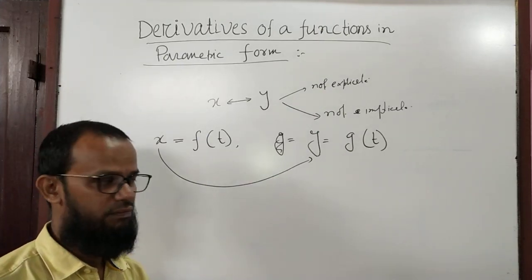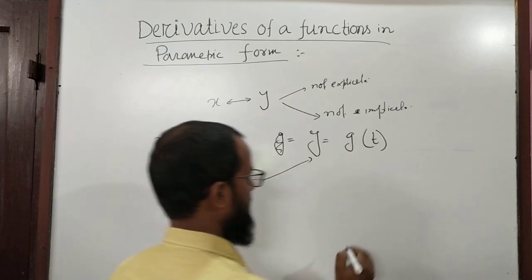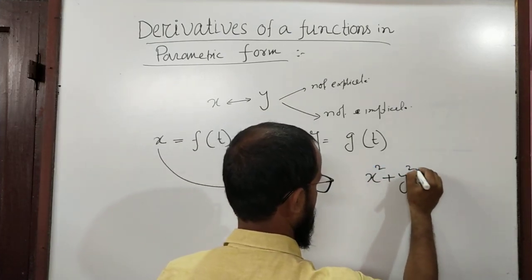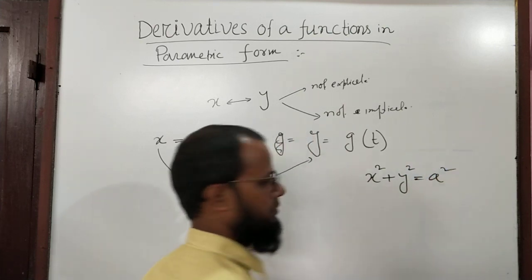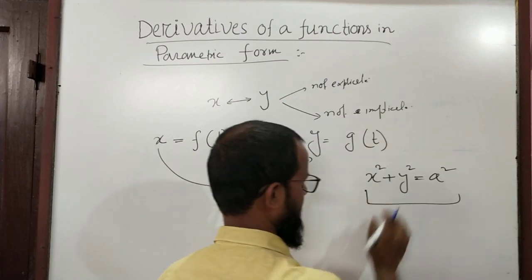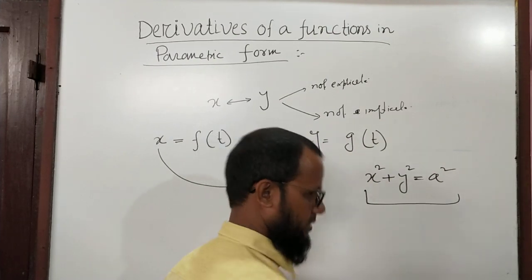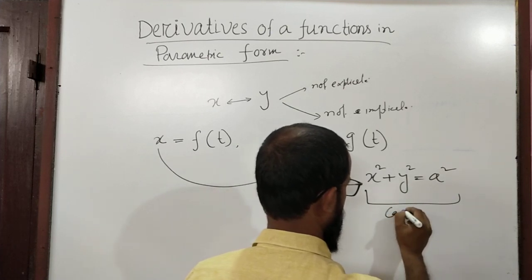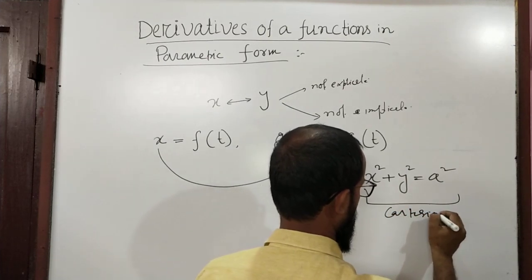For example, suppose you know an equation, x square plus y square equals a square, the equation of a circle. Here you can express y in terms of x; it is called an implicit function, and this is called Cartesian form.